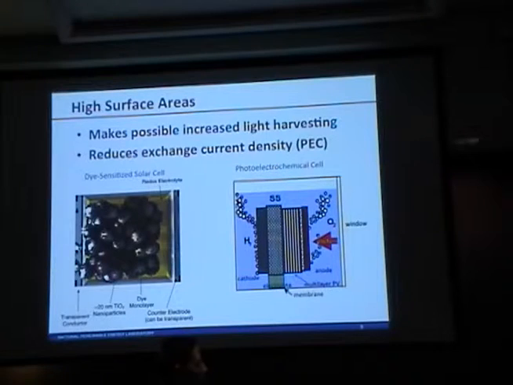I'm sure other people have already spoken about dye cells, and other people will, so I won't go into the details there. Similarly, with photoelectrochemical cells, it's a system where if you have a high surface area, you can reduce the exchange current density, which is effectively the charges that are doing the redox reactions at the anode or the cathode, that is taking water, producing oxygen, or producing hydrogen.